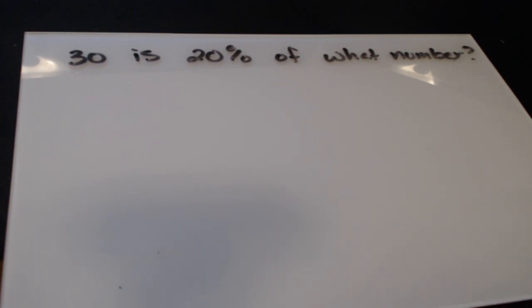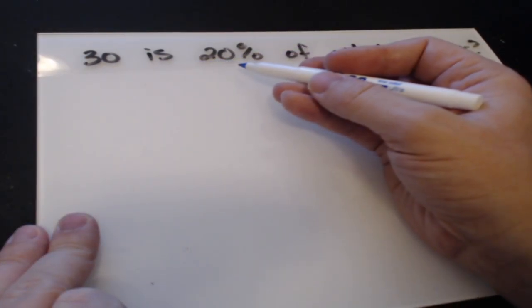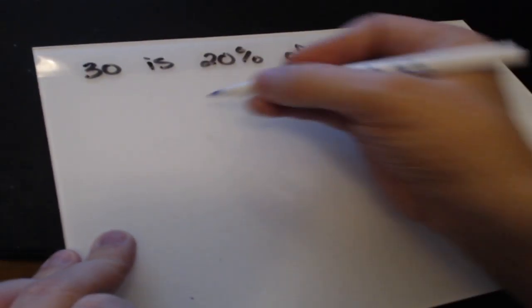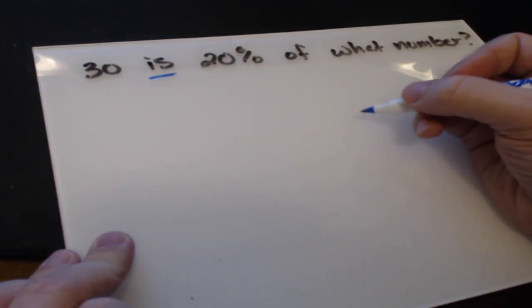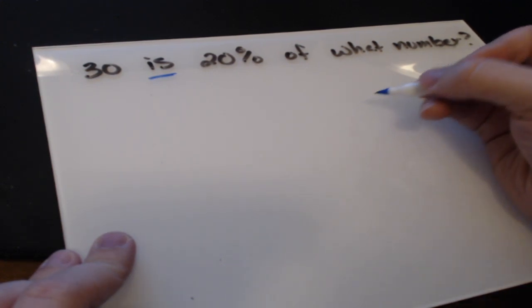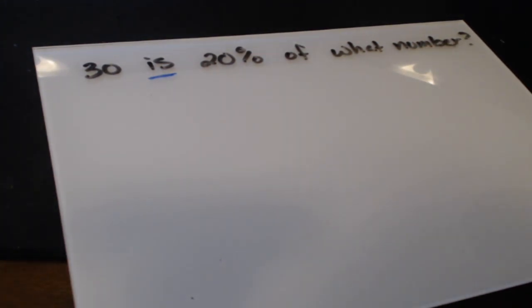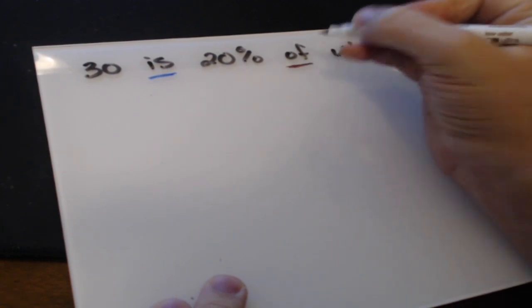All right. If you see the words as follows, you have 30 is 20% of what number? Is is a word that you need to know. Hold on, I had a moment of my brain just dropping out. We need is and of. Sorry, that's what I wanted to say.